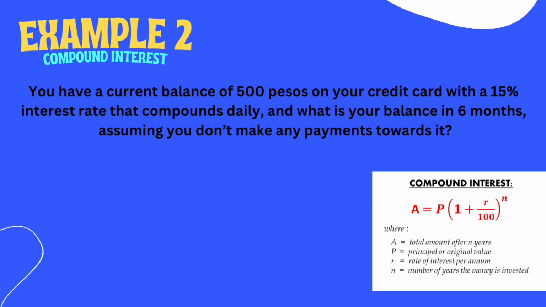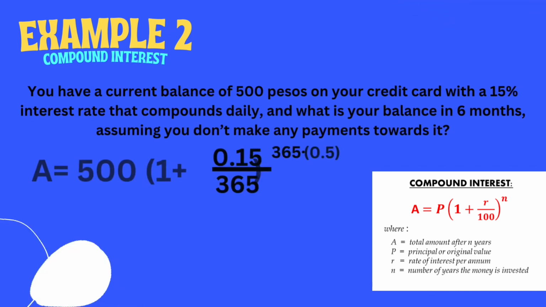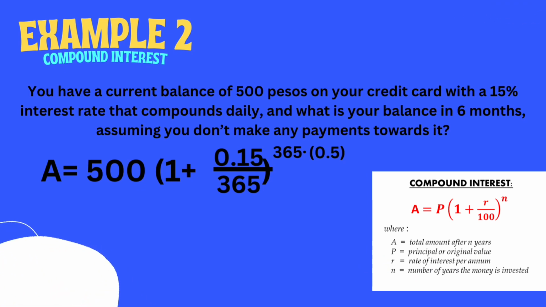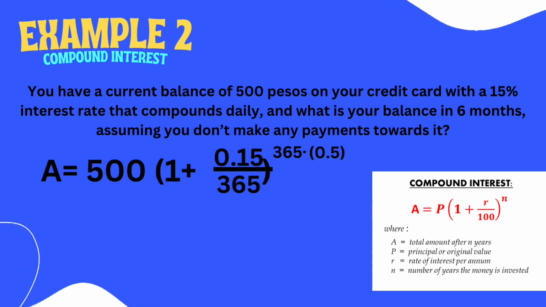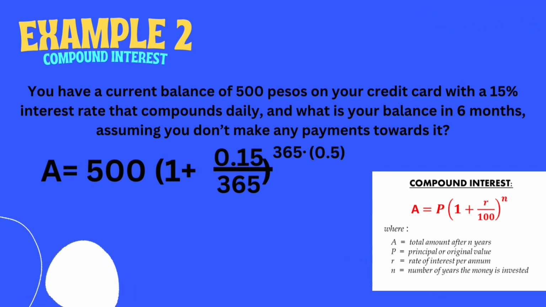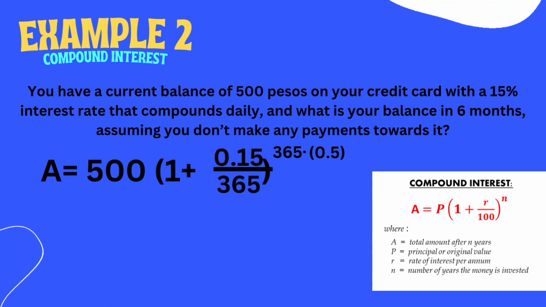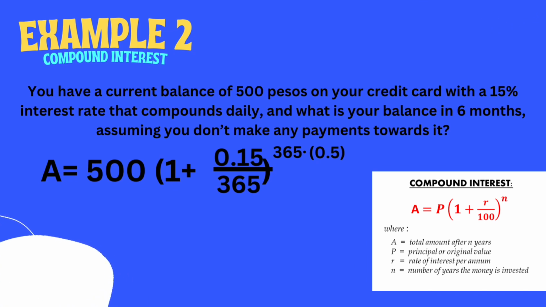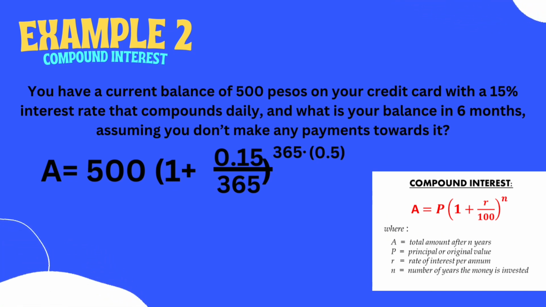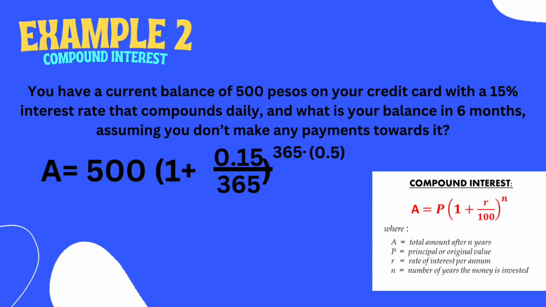Same equation. Again, we're looking for A or the maturity value. Yun yung future amount na kakalabasan nung inutang mo. And P is equal to 500 because that is the initial amount that we charge on your credit card. R is equal to 15% or pag nilagay natin siya into decimal, magiging 0.15.